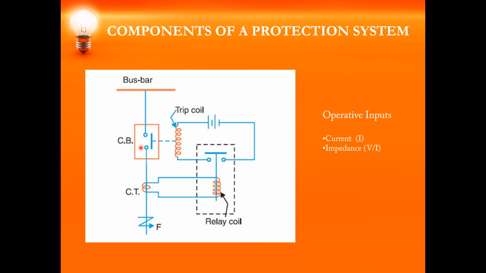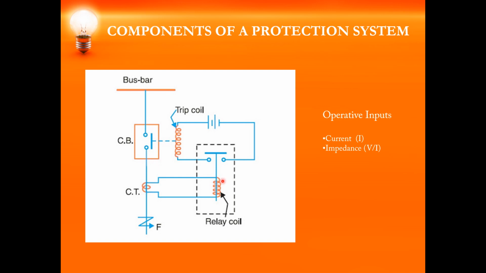It can either carry the current or break the current under normal operating conditions, and when a fault occurs, it can open its contacts, that is, break the circuit. Under normal operating conditions, the relay contacts are normally open and the circuit breaker contacts are closed.